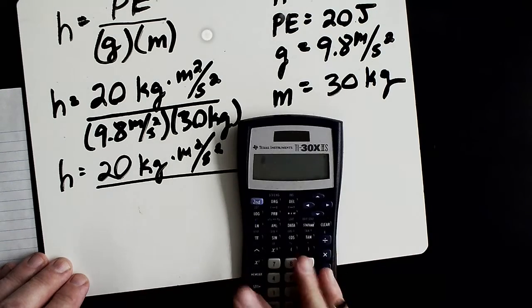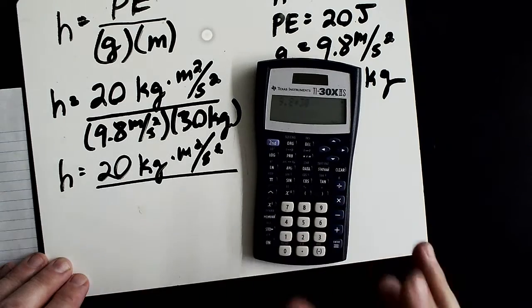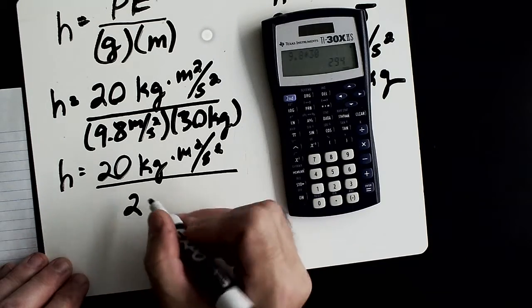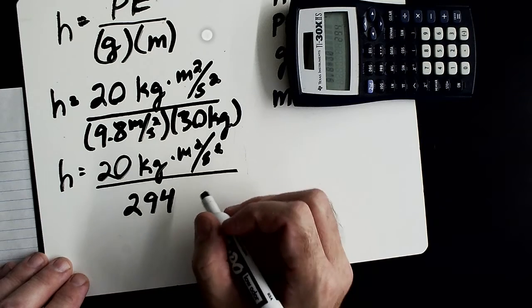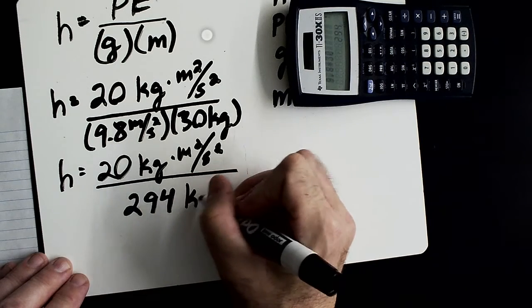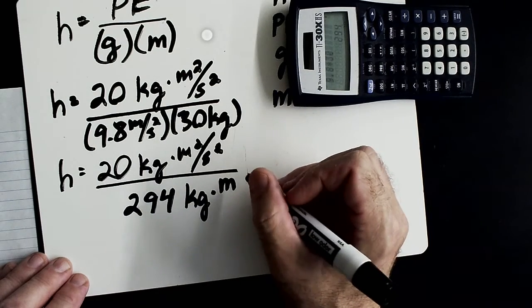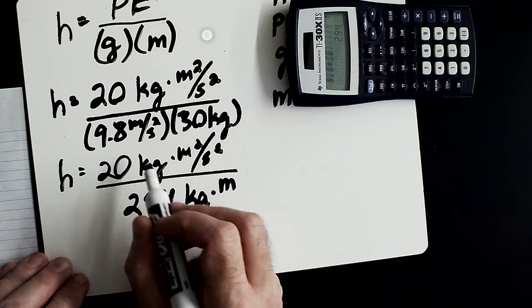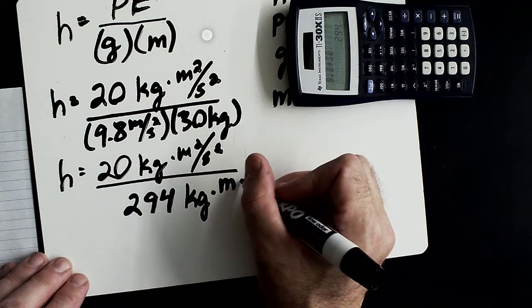So 9.8 times 30 is 294. 294, right, kilogram meters, let's see here, kilogram meters per second squared.